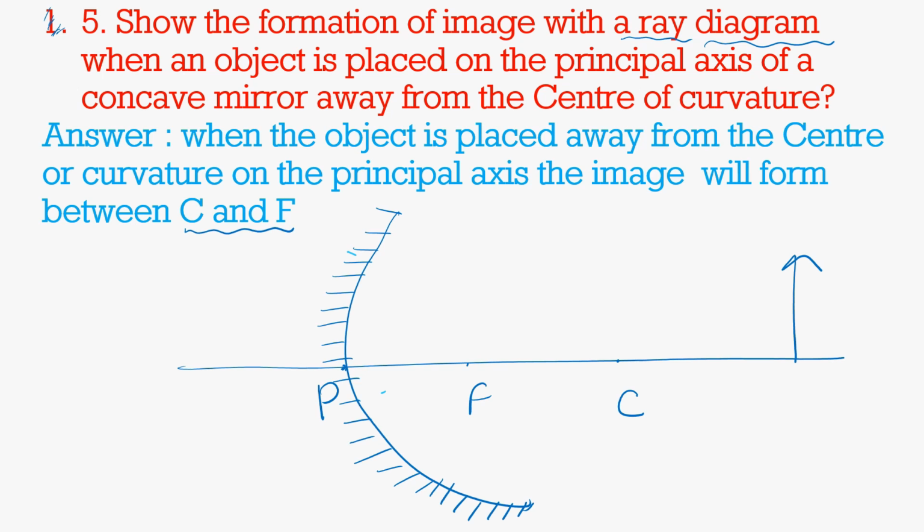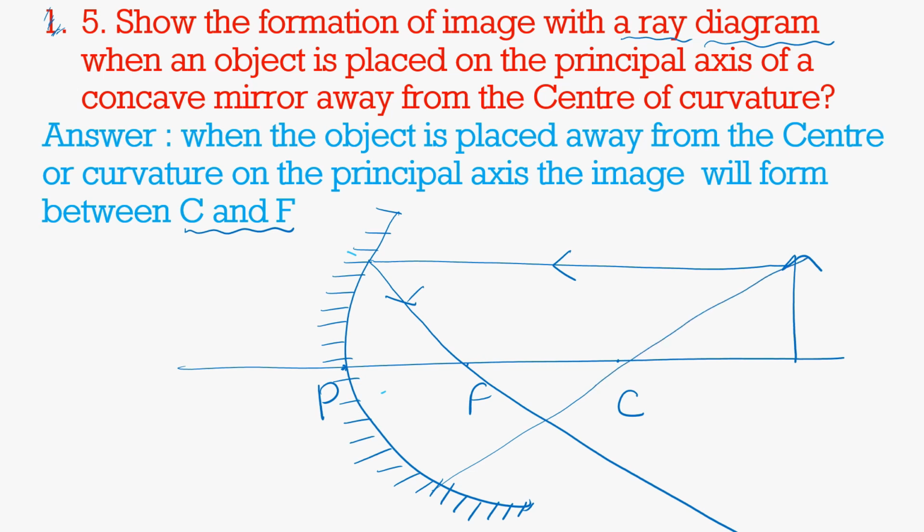One is the ray which is parallel to the principal axis and it is passing through the focus, and the other ray is passing through the center of curvature. It retraces its same path. This is the first light ray, which is parallel to the principal axis, and the reflected ray passes through the focus. This is the second light ray, which is passing through the center of curvature. It retraces its same path.